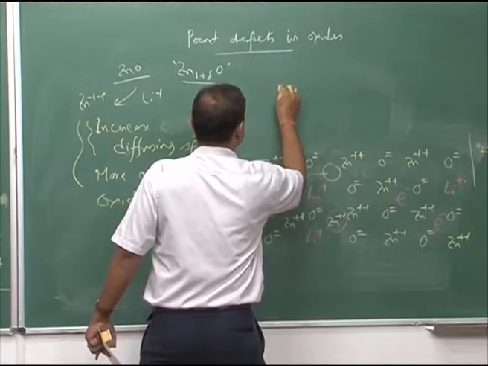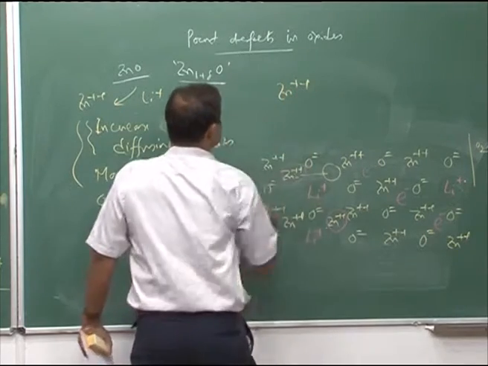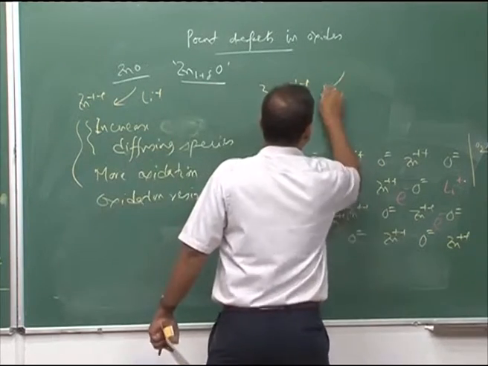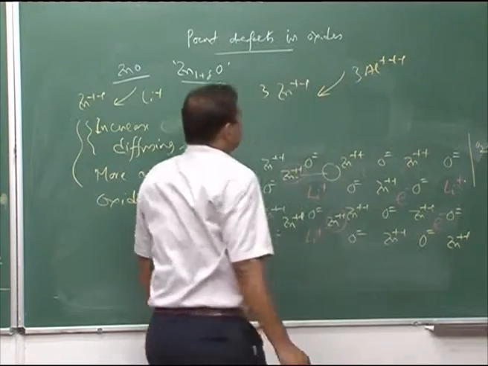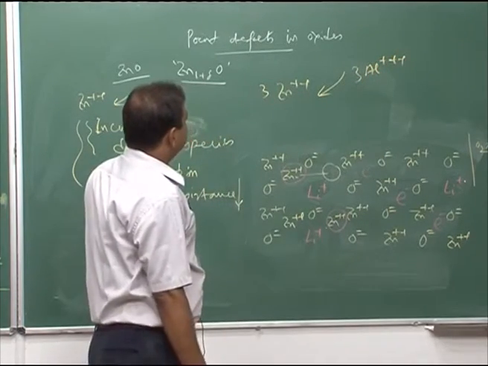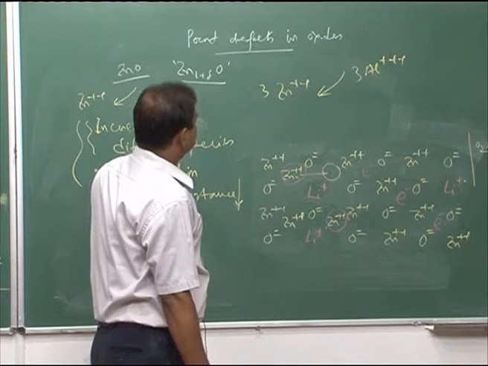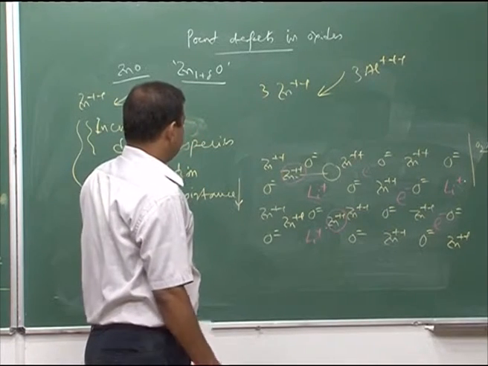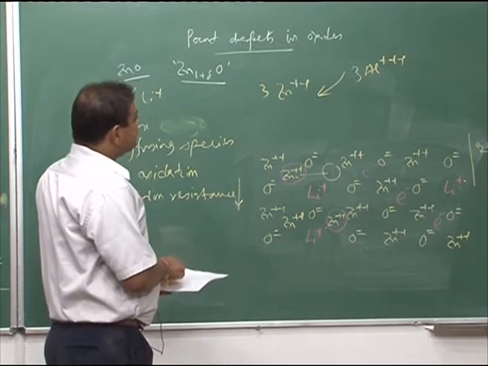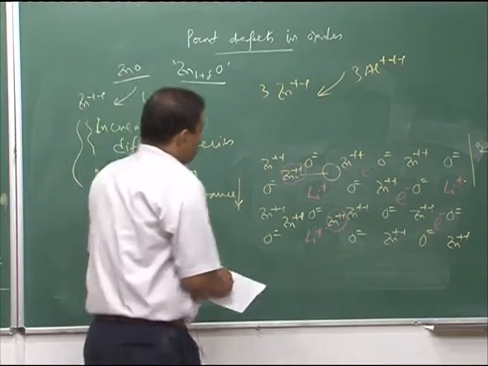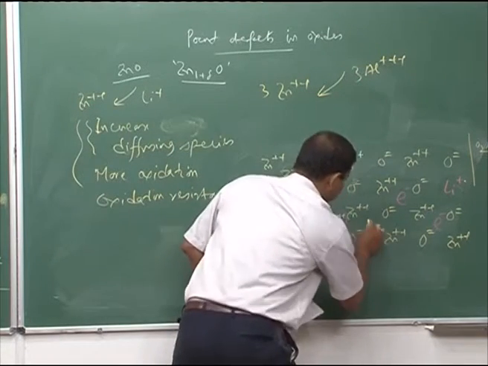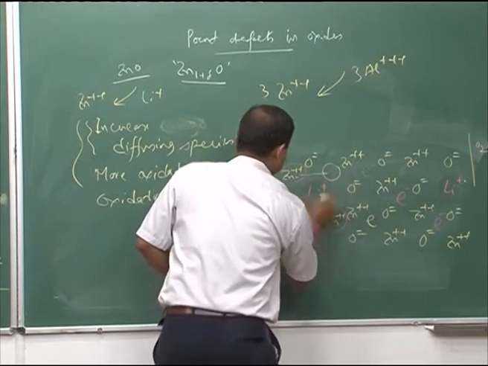Now, let the situation be like this. So, 3 zinc cations are replaced by 3 aluminum cations. So, that means we have 3 extra positive charges. In order to balance those 3 extra positive charges, we can increase the electron content.